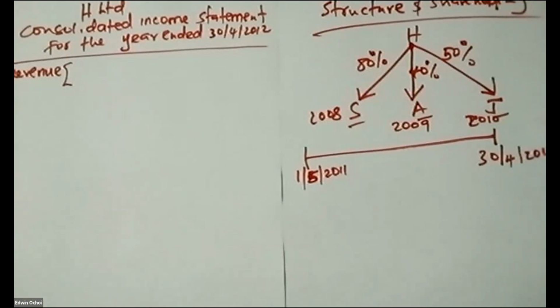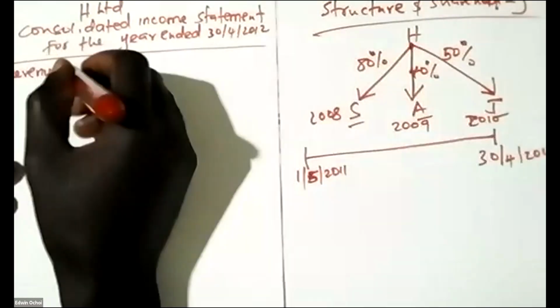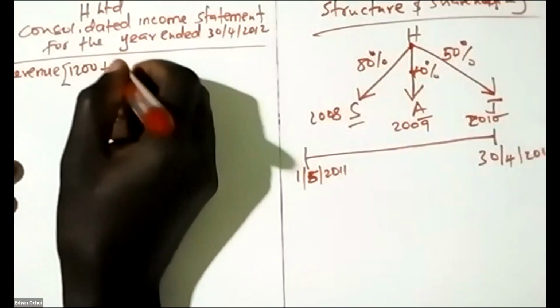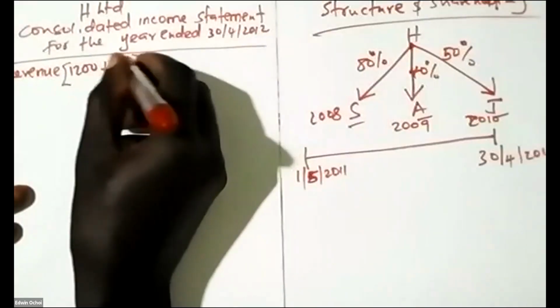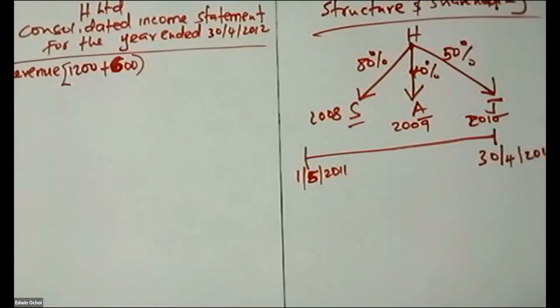So for revenue, I can see the parent was 1200 plus the subsidiary 600. Parent plus subsidiary.